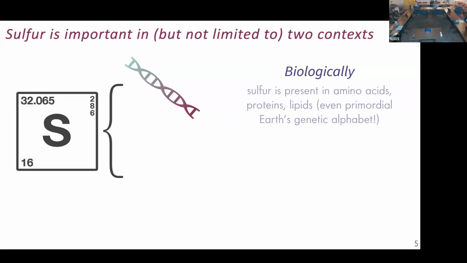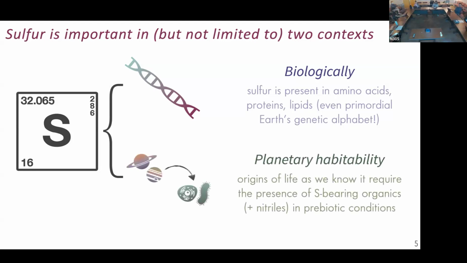So where there's an oxygen, there's actually a sulfur. And that's what early Earth probably was made of. This is quite important, which I'll bring up later, the reason why sulfur and oxygen are important. It's important biologically, but also in terms of planetary habitability. None of this prebiotic chemistry can even occur if there was no presence of sulfur-bearing organics and a little bit of nitriles, but we do need this element in both of these contexts.